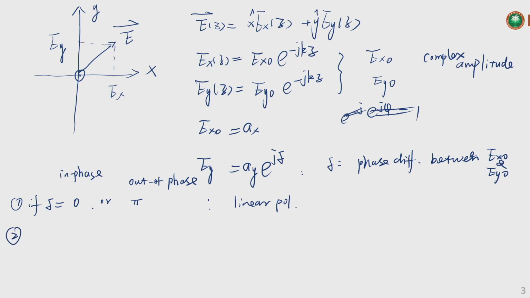Secondly, if delta equals plus or minus pi over 2, and also Ax equals Ay, it becomes a circular polarization. When it is positive, it is left-handed, and if it is minus, it is right-handed. You remember that?